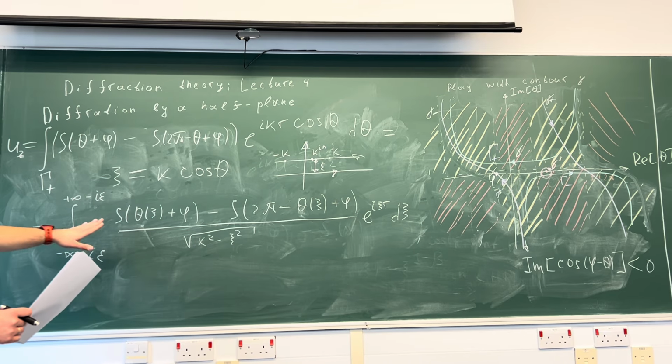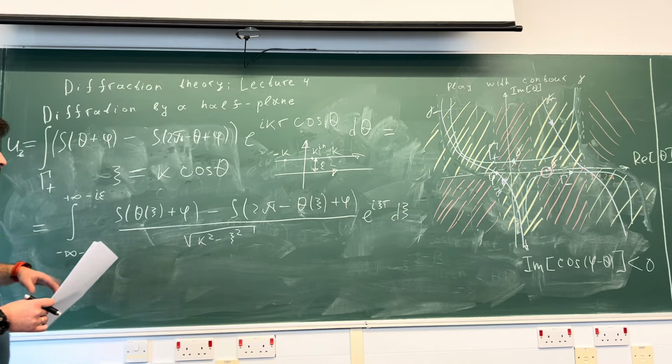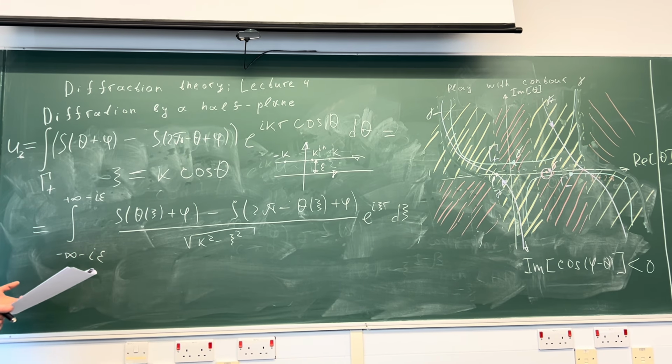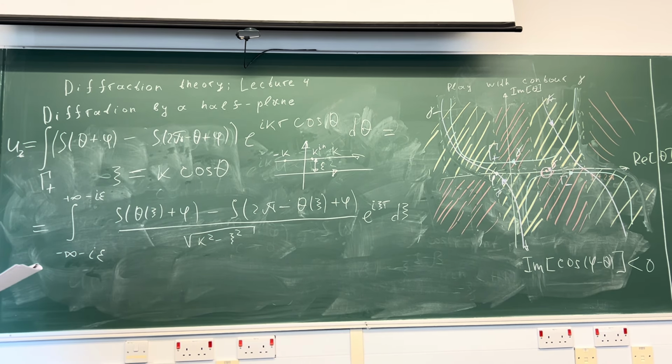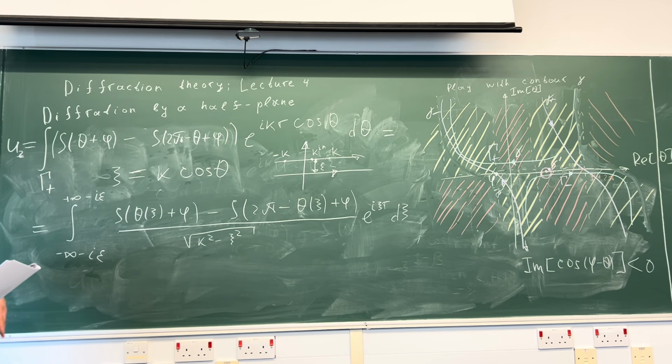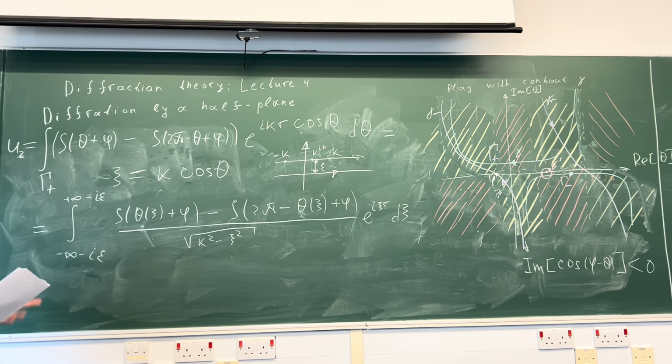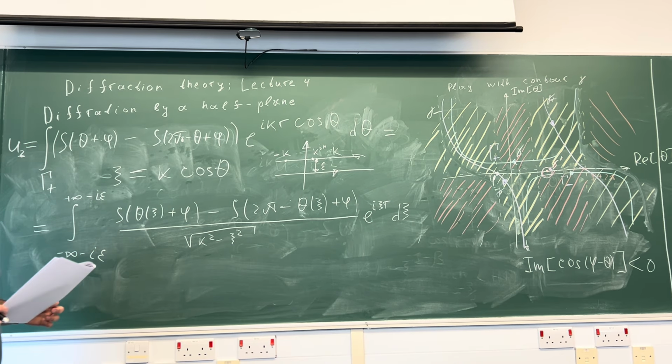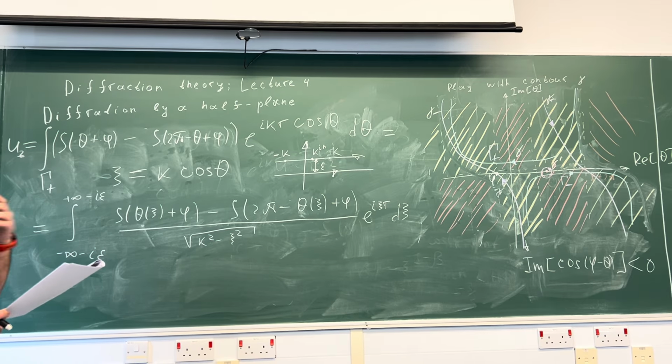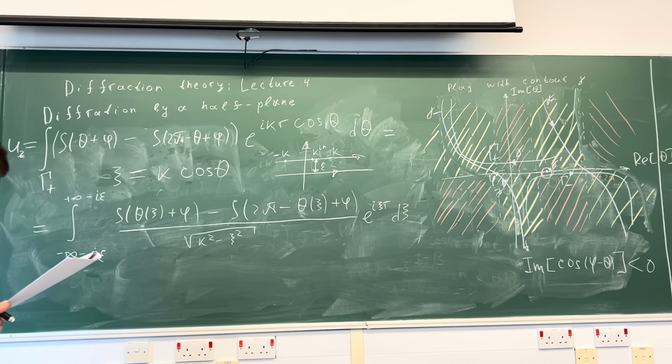And then, so I have this type of integral, and I'm very close to applying Watson's lemma. But this integral is going from minus infinity to plus infinity, and I want a one-sided Fourier transform. I formulated Watson's lemma for a one-sided Fourier transform.